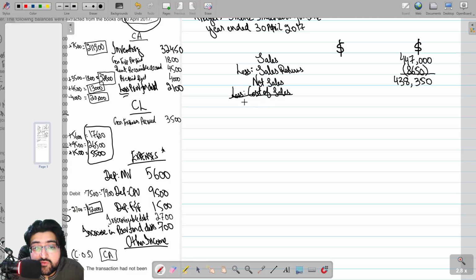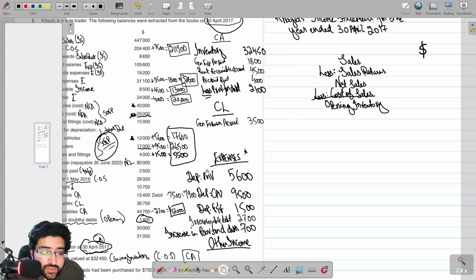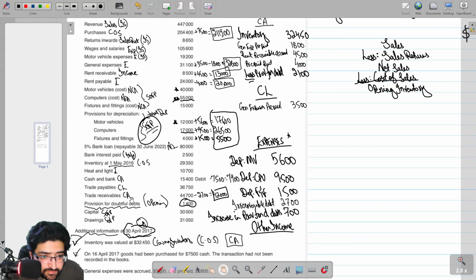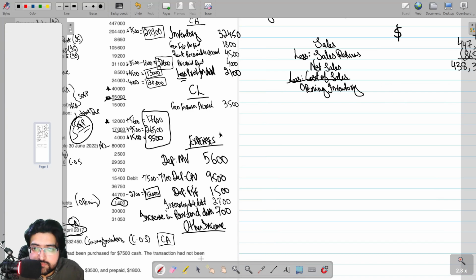We always start with opening inventory. The value is always given in the question. Opening inventory is worth 29350. In some questions, this opening inventory might not be given.